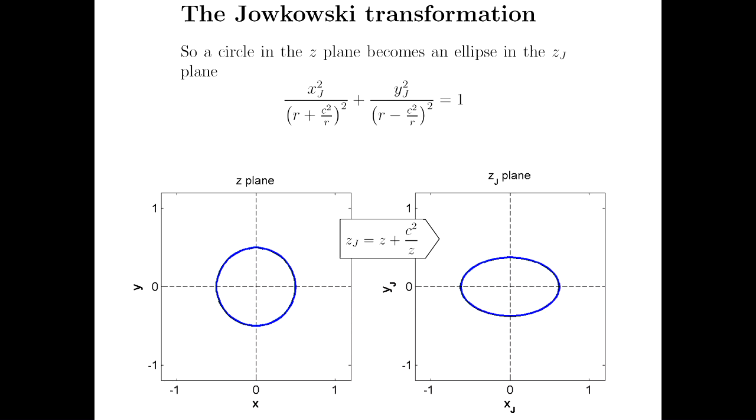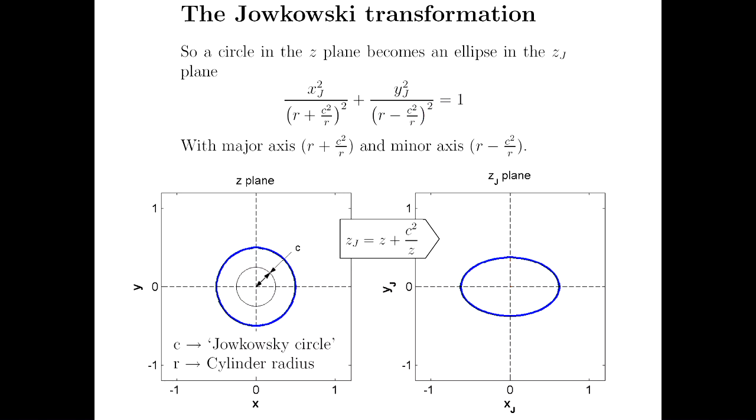So a circle in your z-plane will be an ellipse in the zj plane after applying the Joukowski transformation. This is really, really important to note. This is your major axis, where it's r plus c squared over r, and your minor axis is r minus c squared over r.